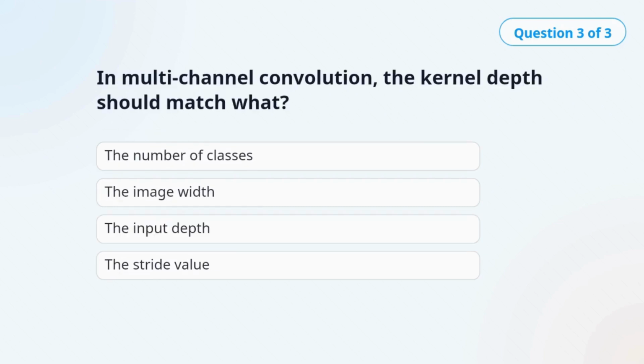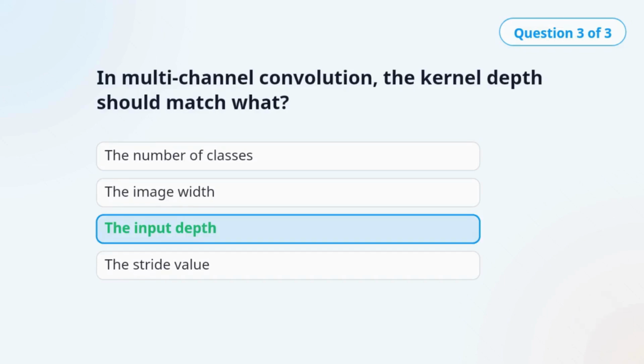Question 3. In multi-channel convolution, the kernel depth should match what? The correct answer is the input depth. For example, an RGB image has depth 3, so the kernel also spans depth 3.